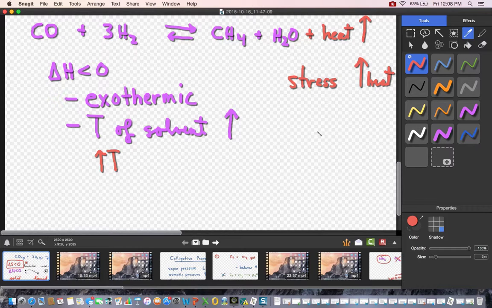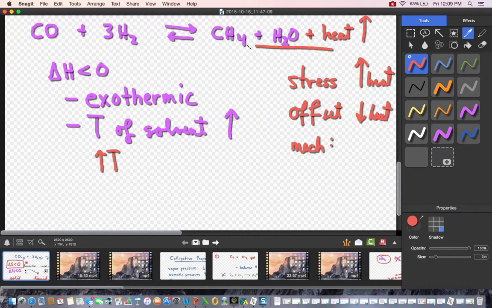How do I offset the stress? I do the opposite of the stress. So to offset the stress, I simply will want to lower the heat. What's the mechanism in the chemical reaction to achieve lowering of heat?